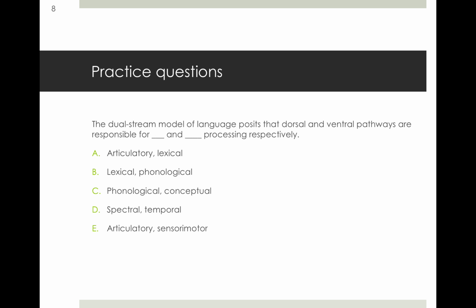I just had a quick question from the emotions part that you're talking about. Within the orbital frontal cortex, you talked about dorsolateral and ventrolateral areas, and I just wanted to know the difference.